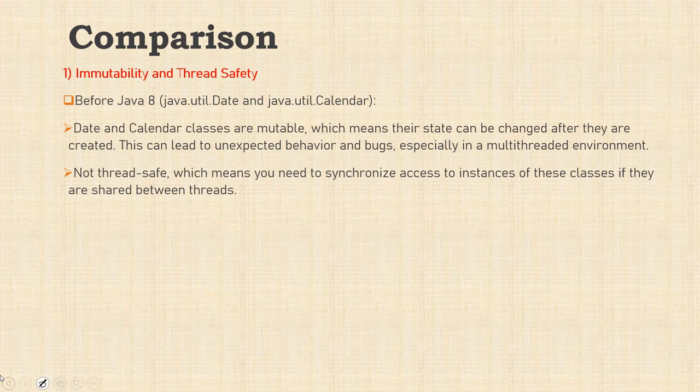Here the Date and Calendar classes are mutable, which means their state can be changed after they are created. That means you can change the state after creation. This can lead to unexpected behavior and bugs, especially in a multi-threaded environment.